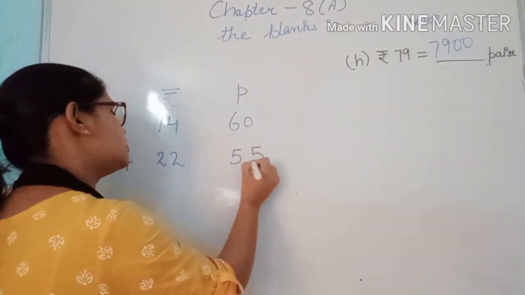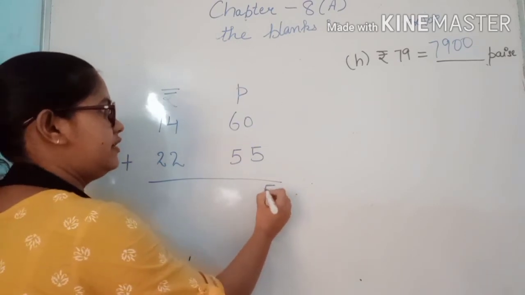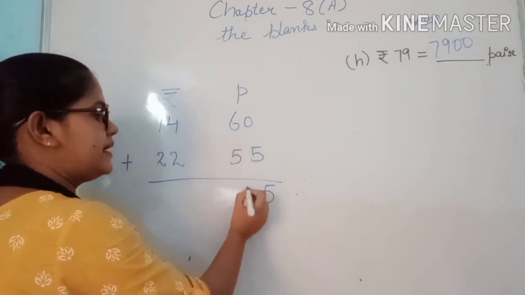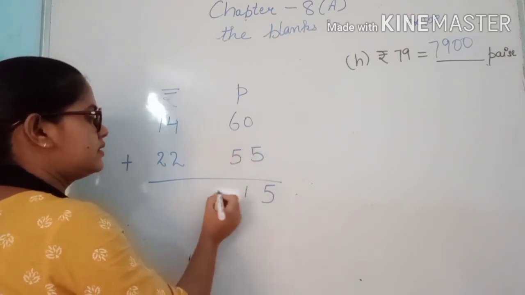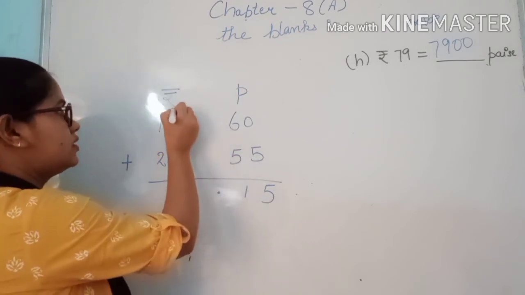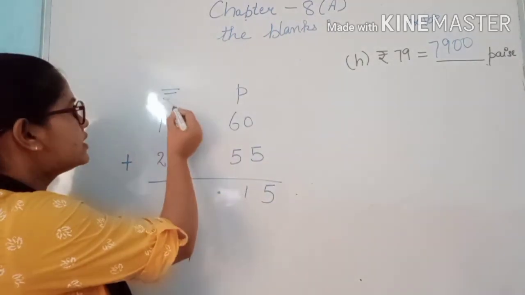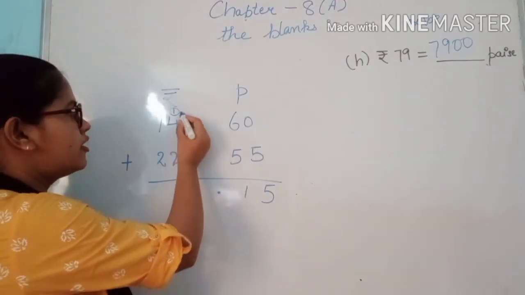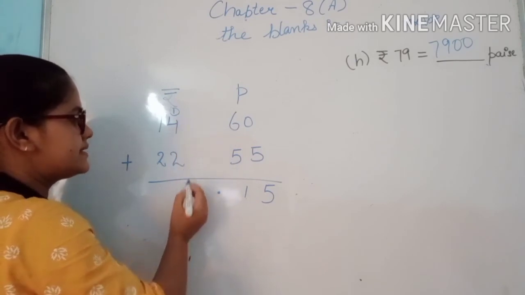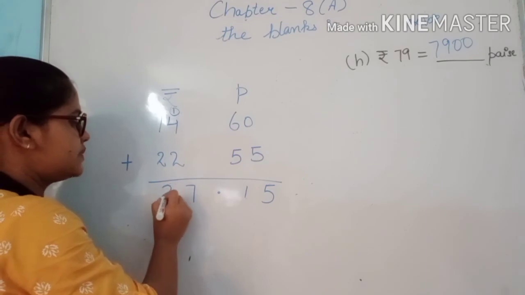So let's do this. You can see 5 and 5 become 10, 6 and 5 become 11, and here is the point, and this 1 goes to the other number as we do in addition. So there is 1, 4, 5, 6, 7. It becomes 7, and 1 and 2 becomes 3.